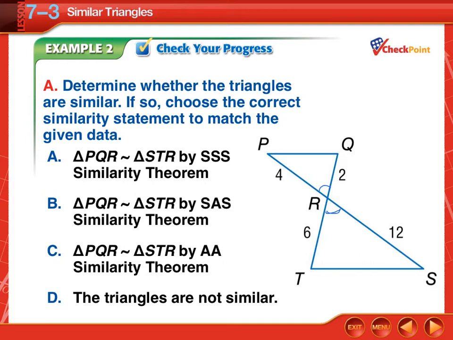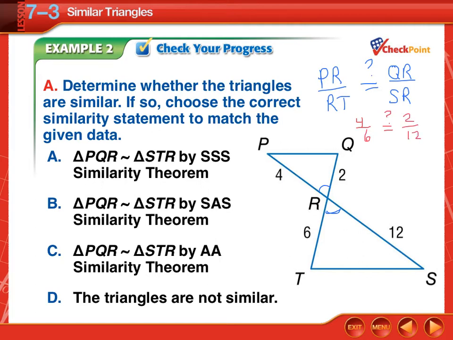So let's first experiment and take a look at the surrounding sides. Look at the ratio of PR to RT. Is that proportional to QR to SR or RS? So substitute 4 to 6, is that proportional to 2 to 12?